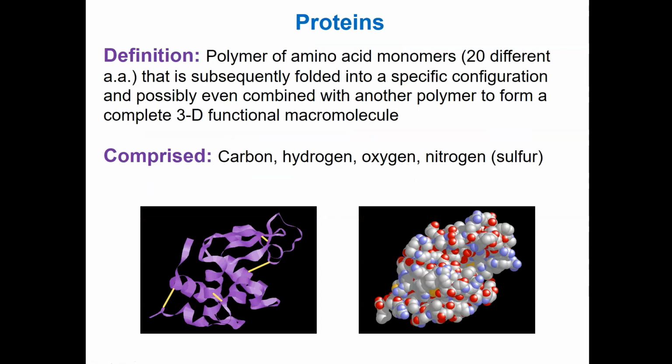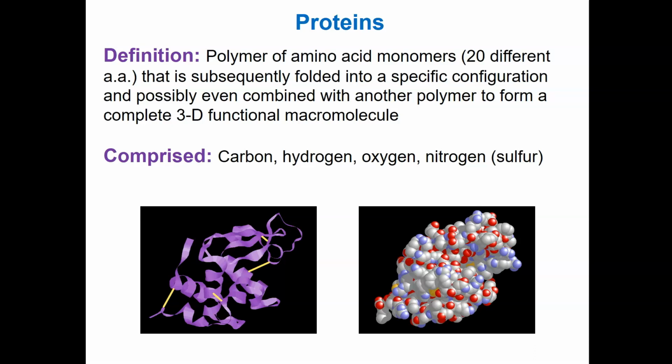So when we go to define what exactly is a protein, quite simply, it's just a polymer of amino acid monomers. We know we have 20 different amino acids, and how those amino acids are linked together, the order in which they are linked together, is going to determine how that particular polypeptide is going to fold.